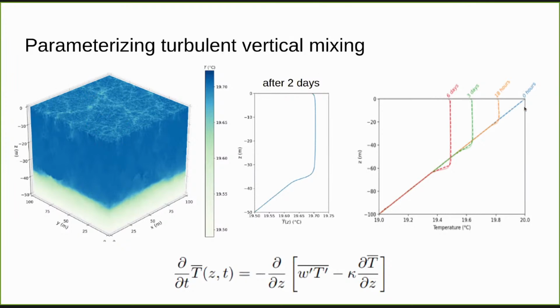So what happens over time, time on the right-hand side plot being given with different colors, is that we can see that over time the surface of the water cube cools.